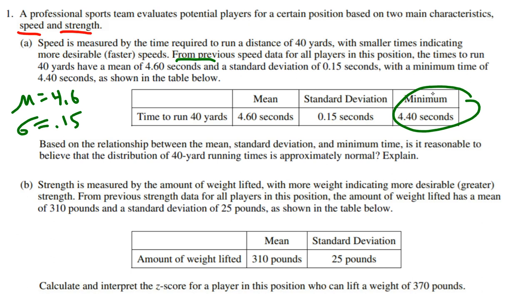Let's see what the question's asking. Based on a relationship between mean, standard deviation, and minimum, is it reasonable to believe that this distribution of 40-yard running times is approximately normal? Well, let's do a little bit of calculations here. Let's see the z-score that goes with 4.4. Keep in mind, this is the mean, this is the standard deviation.